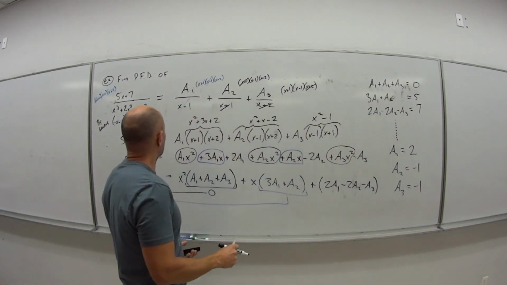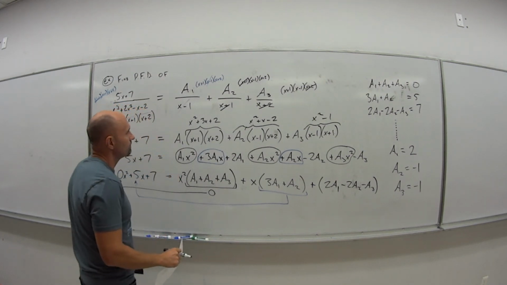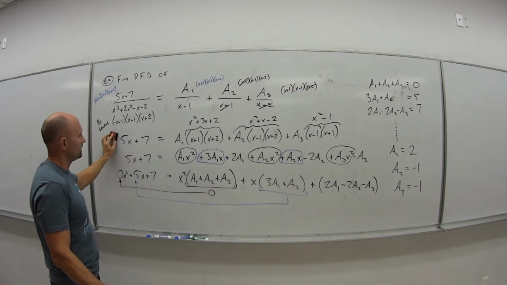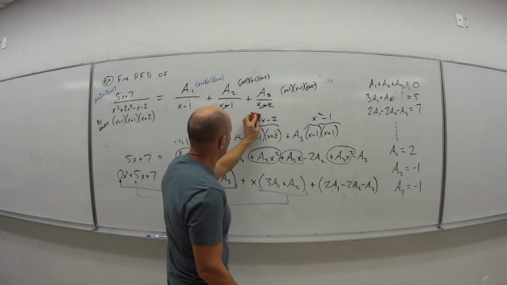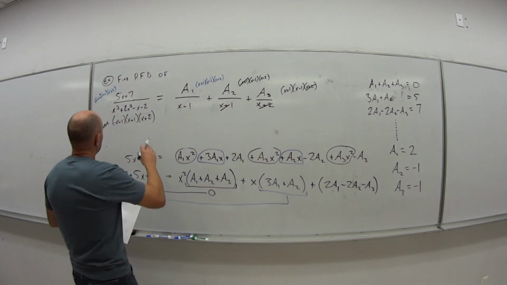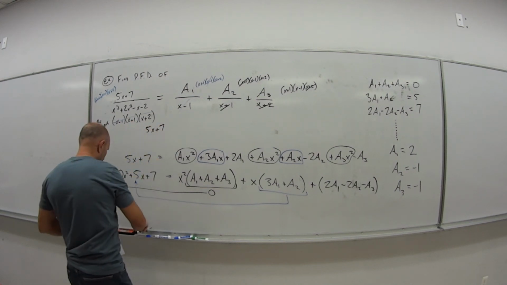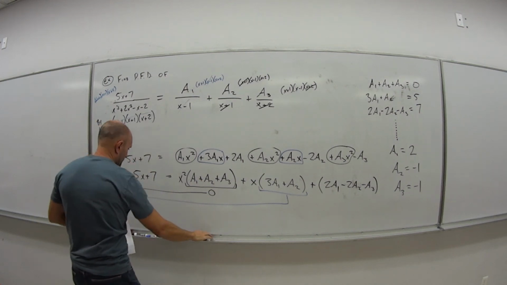So therefore, going back to the original, I'm going to erase this here, so hopefully you can hit pause if you need to follow back through, but I need a little bit of room. So we have this original 5x plus 7. Let me write it in green, our final answer here, so we can keep track.